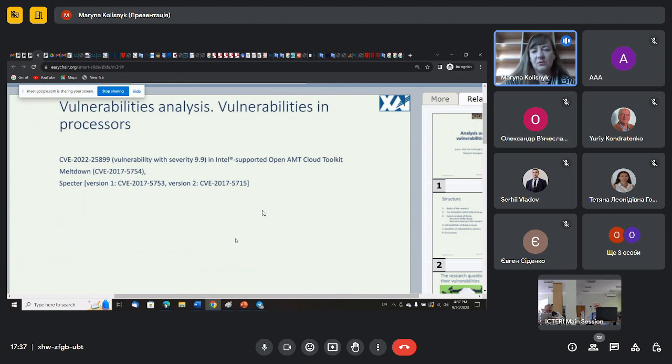Also, there are some vulnerabilities in processors. In drones, you can find that microcontrollers can be used and some types of processors. And we can find that Meltdown and Spectre, two types of vulnerabilities, can be inside these devices.